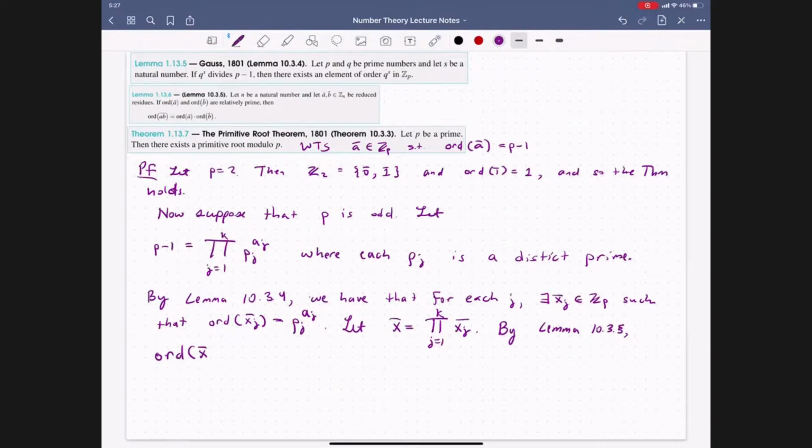So we have that the order of x bar is going to be equal to the product from j equals 1 to k of the orders of x_j bars. But we know by construction that each of these is p_j to the a_j.